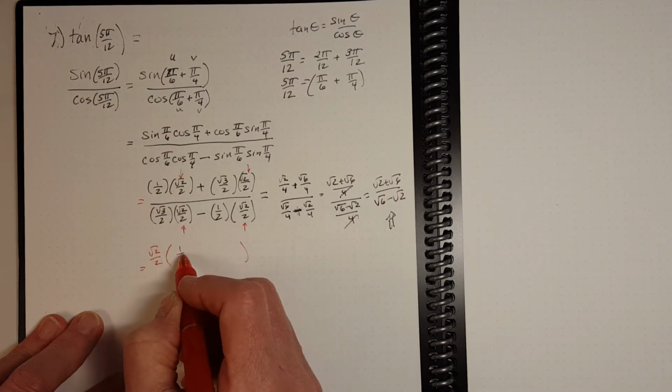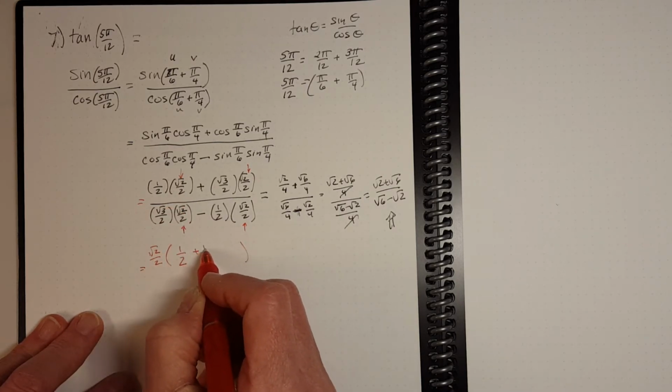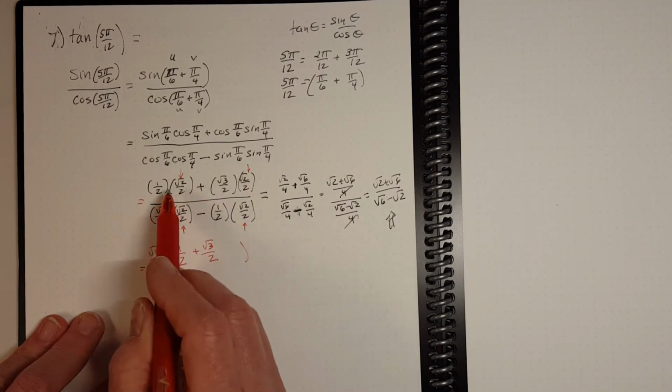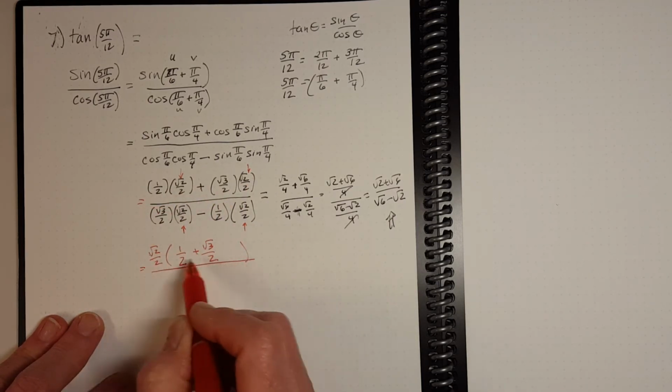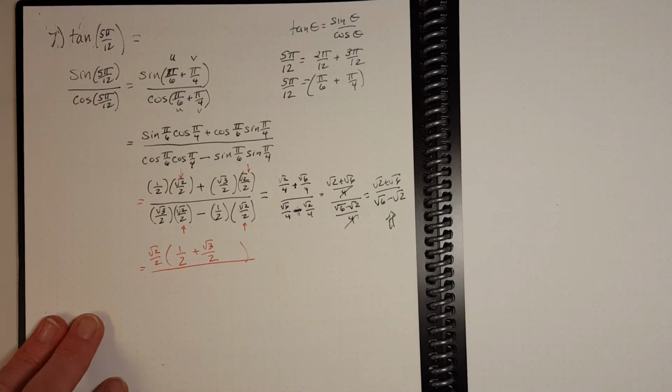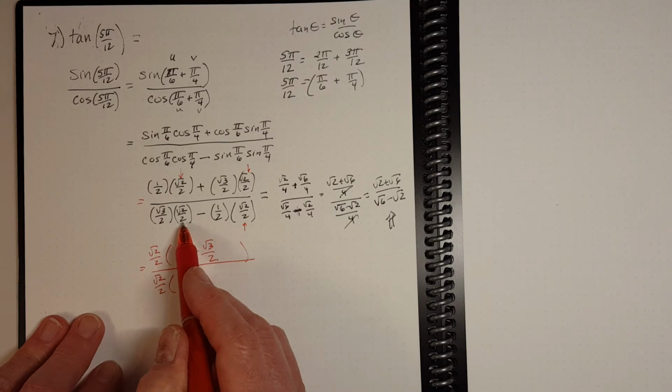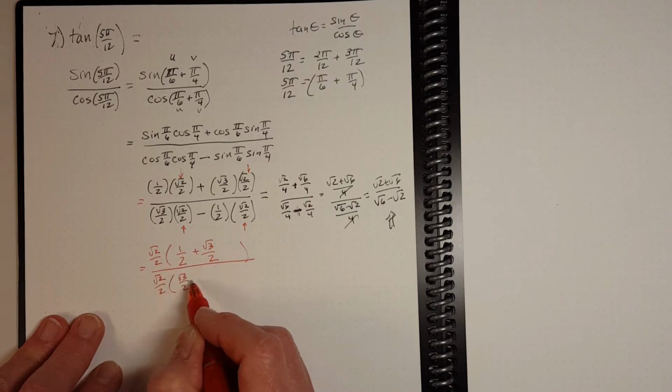So the first one becomes 1/2 plus root 3 over 2. When I factor root 2 over 2 out of the numerator, I'm left with those two pieces inside. When I factor a root 2 over 2 out of the denominator, I'm left with root 3 over 2 minus 1/2.